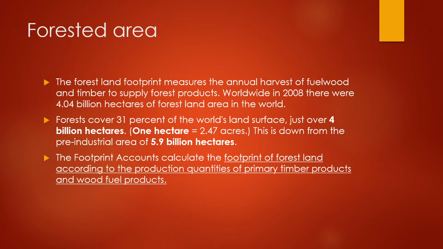And remember, 1 hectare is 2.47 acres. This is down, however, from the pre-industrial area of 5.9 billion hectares, which might not seem substantial, but when you think how much a billion really is, we're dropping from almost 6 to just over 4 in about, how many years. It's quite a giant drop.